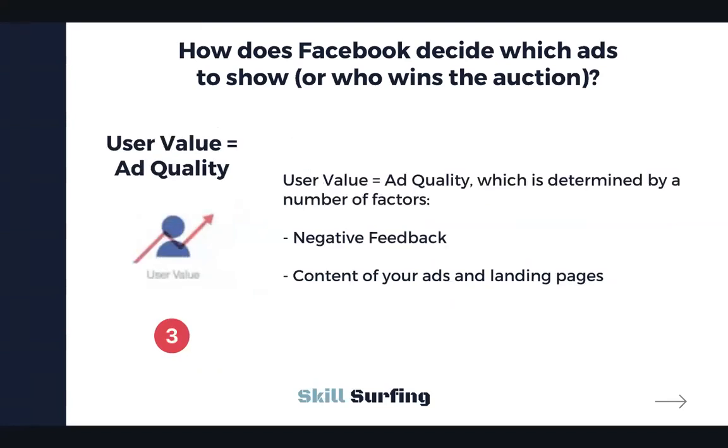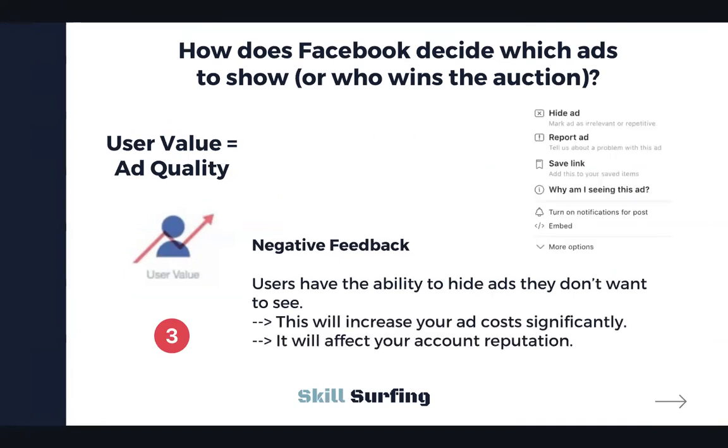The third point is the user value, or what translates for you as an advertiser is the ad quality. So the ad quality is determined by a number of factors. Basically, Facebook summarizes them under two criteria, which is negative feedback and the content of your ads and landing pages.